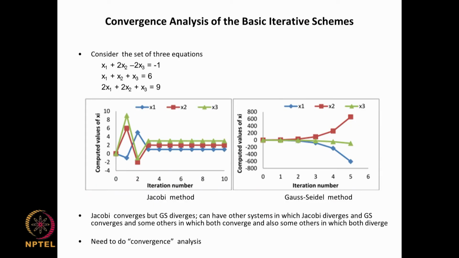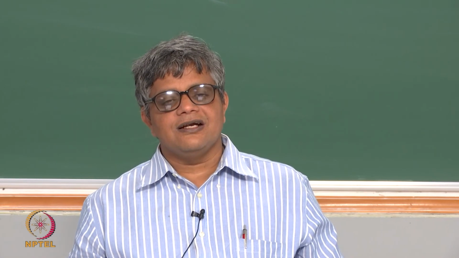So, we need to do a convergence analysis, and based on this we come up with some criteria for the condition of convergence. Once we are assured of convergence, we look at the rate of convergence, and in the second part of this module we look at some special methods which improve the rate of convergence over what can be obtained by the Jacobi and Gauss-Seidel methods for conditions in which they converge. Okay.